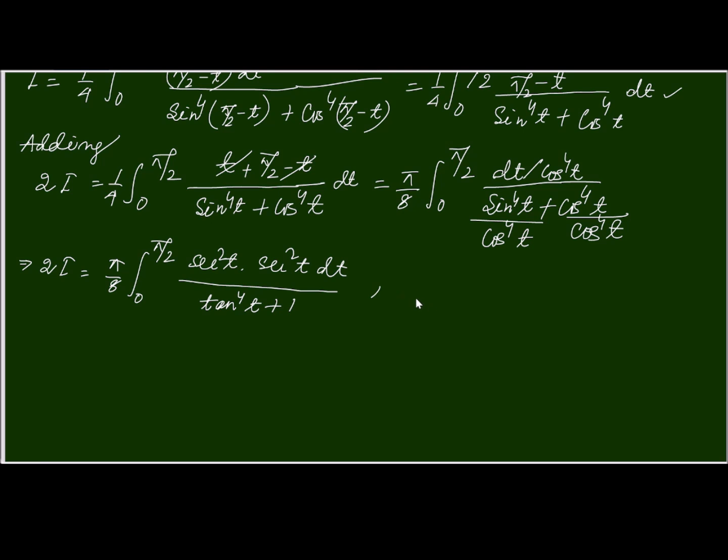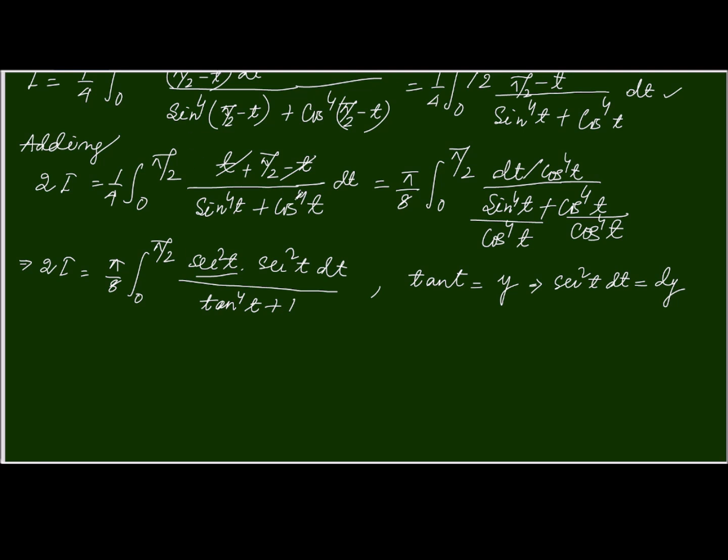Now taking tan t equals y, sec square t dt equals dy, and sec square t can be written as 1 plus y square.